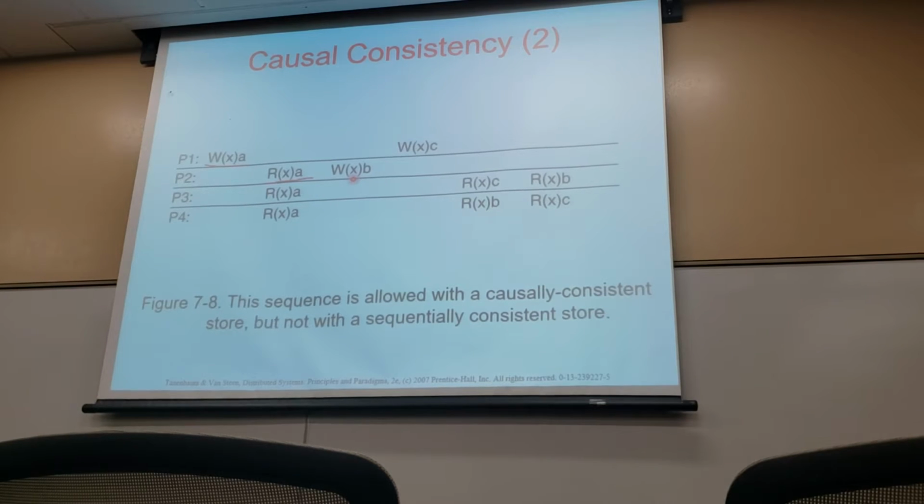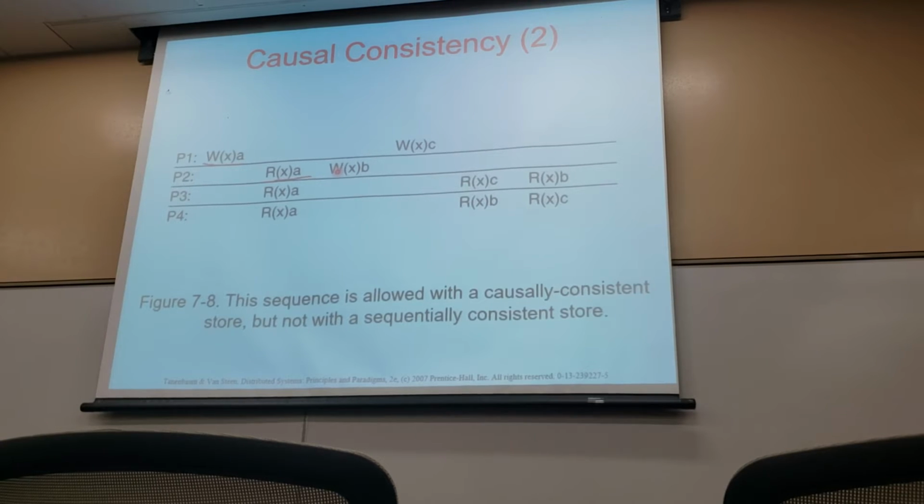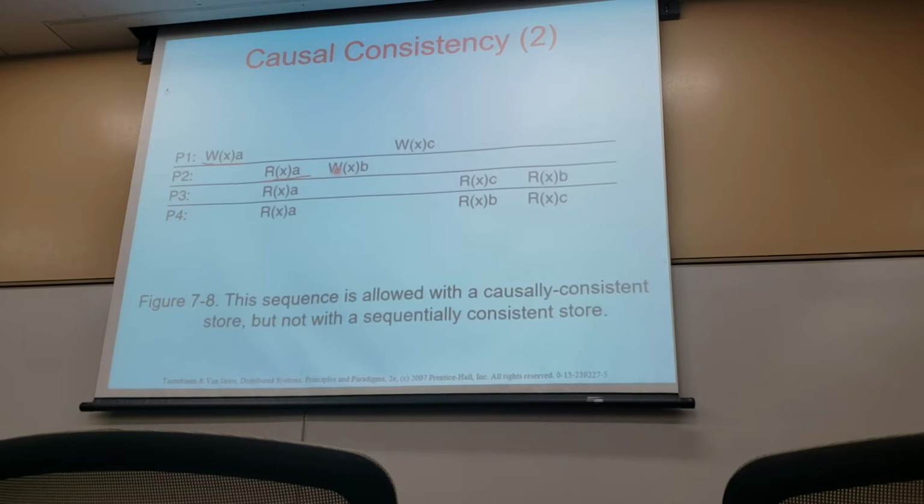It's possible. Could have been some kind of if statement that says, hey, if that equals A, then we're going to go ahead and write this. That's what we're saying. So if we observe it, it's possible it could have changed our behavior. And because it's possible it could have changed our behavior, it's causally related. You guys see what we're saying? If we do not observe a write, then there's no way it could have changed our behavior.